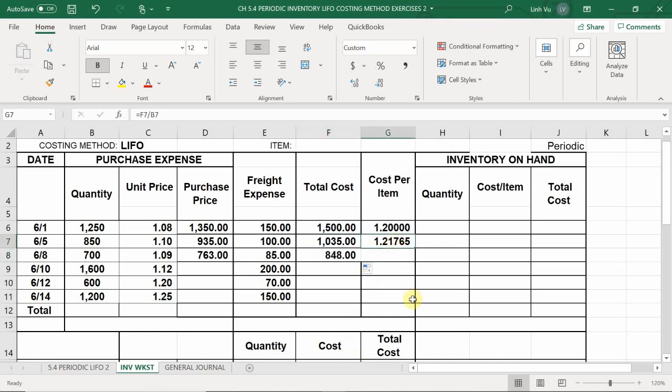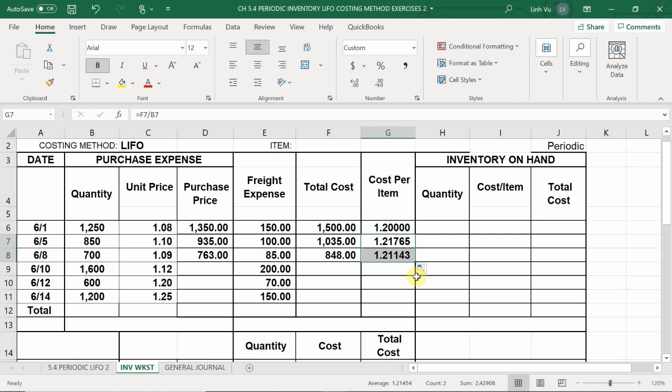Now, what's my cost per item here? 1.21143. Okay, same thing here. In this case, I'd be safe to round down here because it's only 21 cents. The 1 doesn't round up. So here we'll be fine at 1.21, but you are never going to reach $848, so we'll leave it at that.